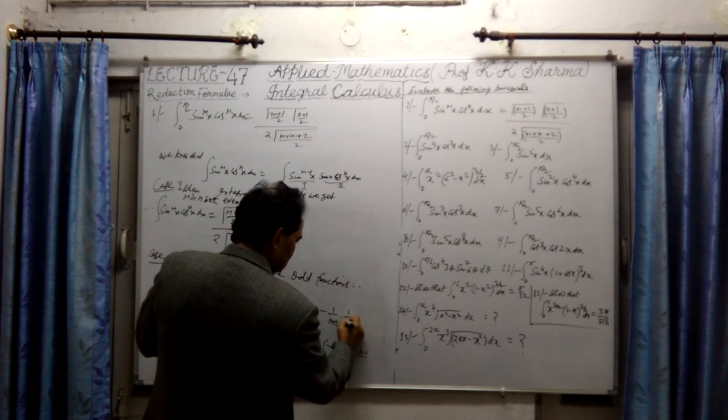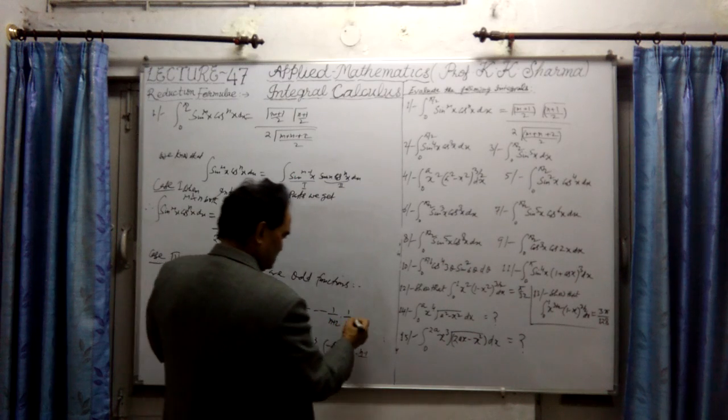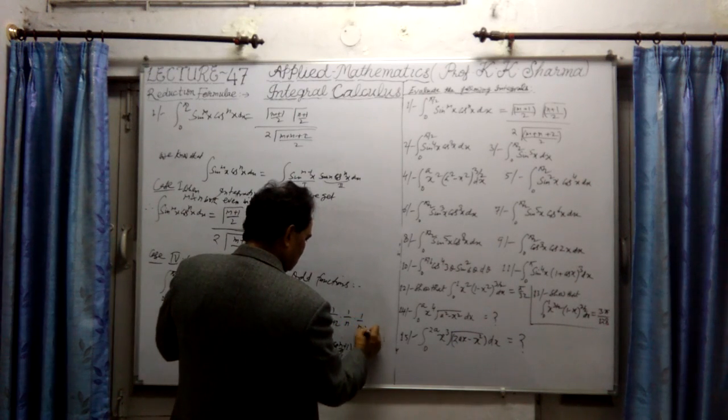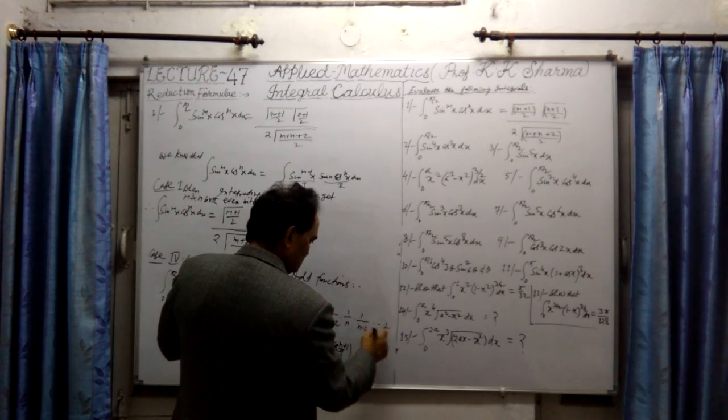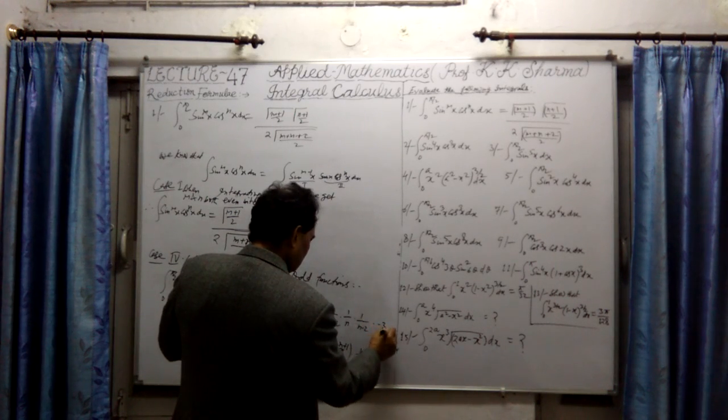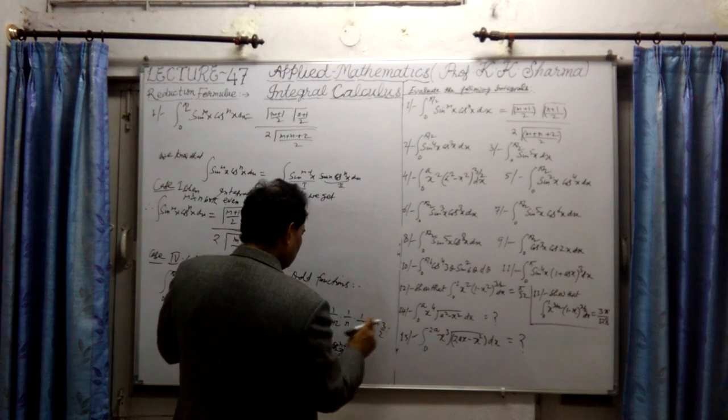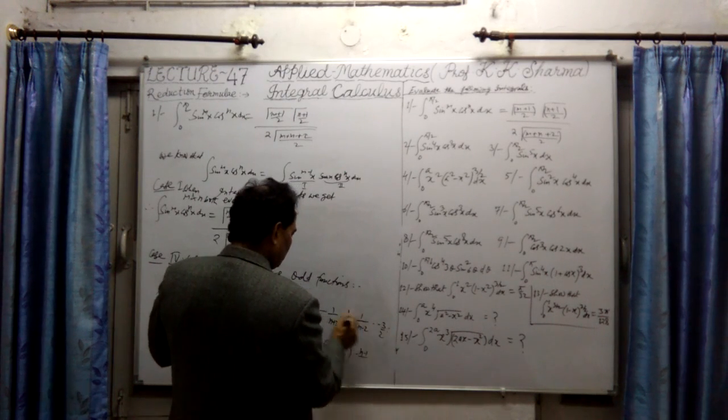Then it may start at 1 upon n, and then 1 upon n minus 2, and so on. And the last step will be not 1 upon 2 but 3 upon 2, because this is an odd function. Here also we will get 3 by 2.